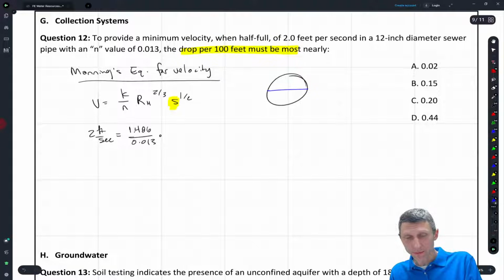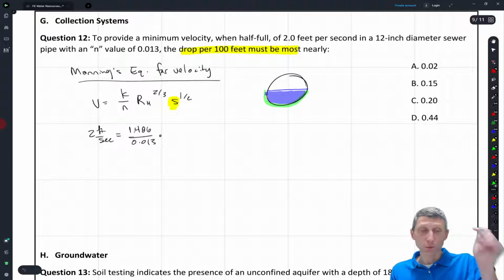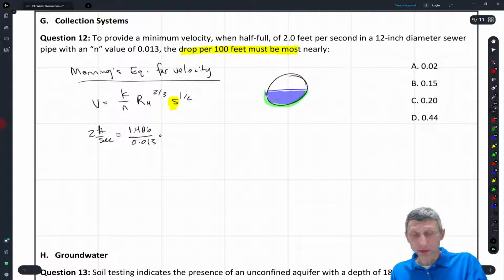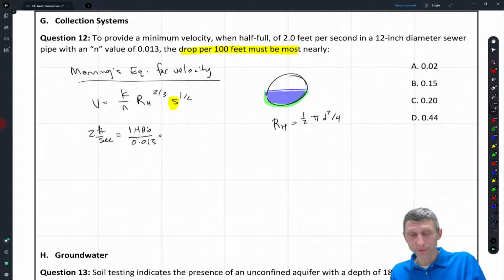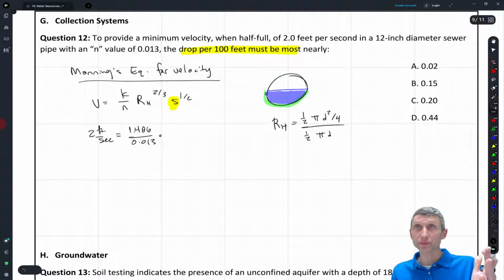Okay, this pipe is half full. And again, we're going to look at the perimeter and the area, and we'll solve this. So if we look at the hydraulic radius of this thing, what are we going to get? Well, we're going to have 1/2 of pi d squared over 4, right? That's the area, but it's 1/2 of it because we only have half the pipe. And then what's the perimeter? Well, the perimeter is going to be 1/2 of what? Pi d, because pi d is the circumference.